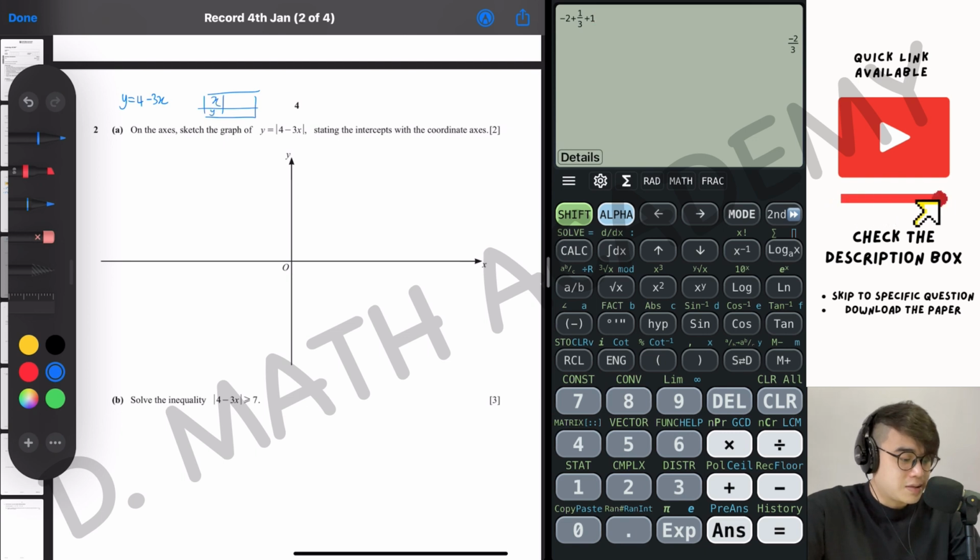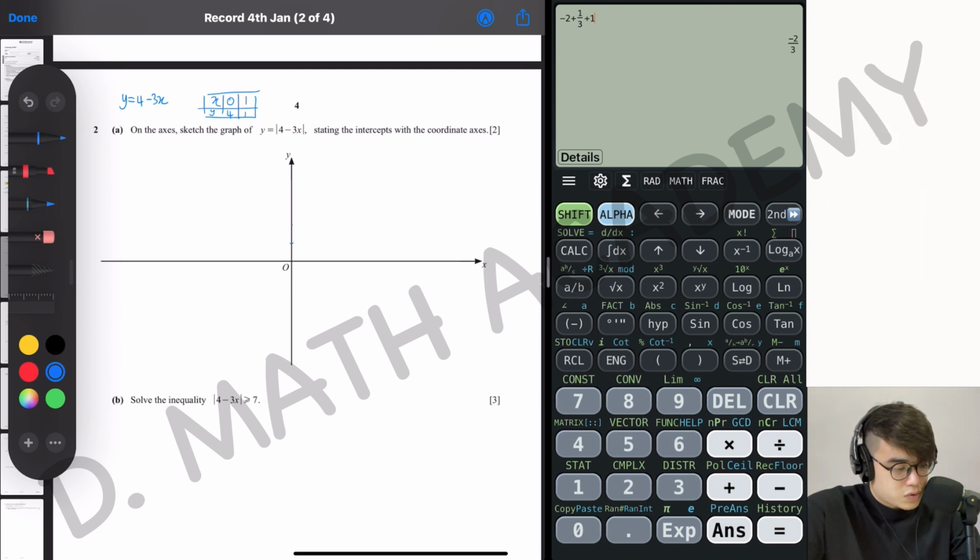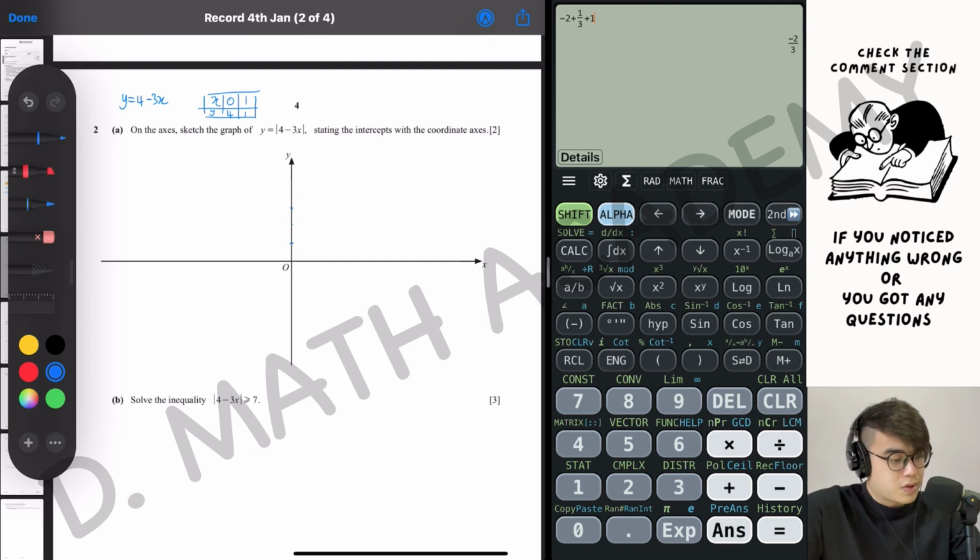When x is 0, y will be 4, followed by when x is 1, y will be 1. So through this scale here, you can roughly know that if, let's say, 1, 2, 3, 4, our points could be here. Then the other one is somewhere around here, most likely.